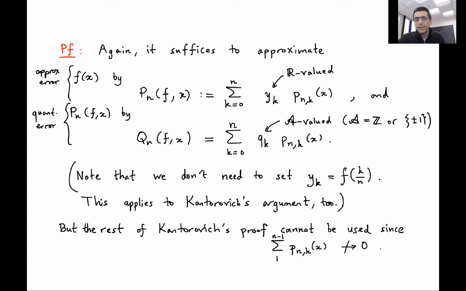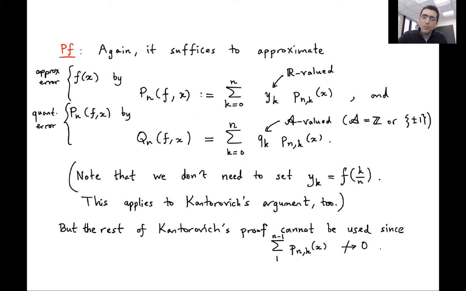This is something that is also valid for Kantorovich's original argument. So one can actually change the initial approximating polynomial. This wasn't needed there, but it is needed for us later on when we want to have higher accuracy approximations.